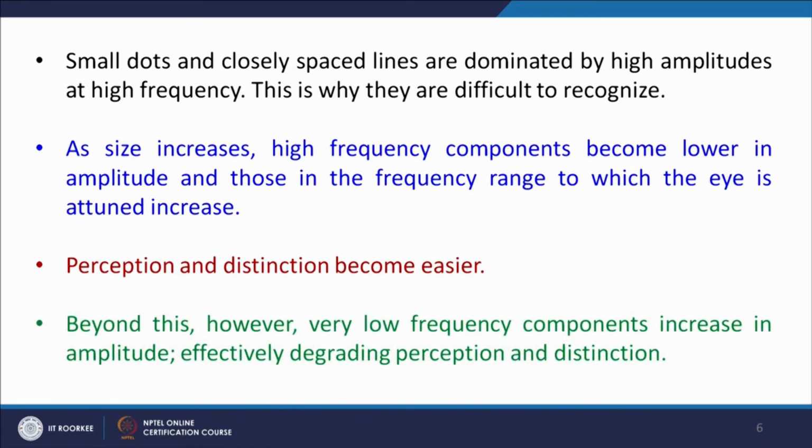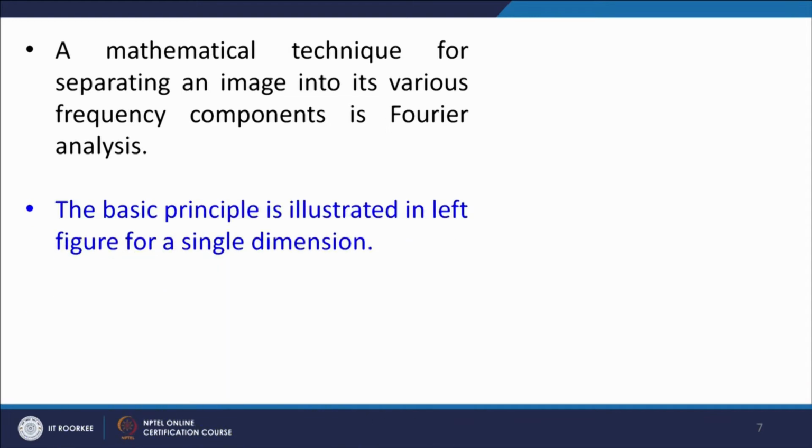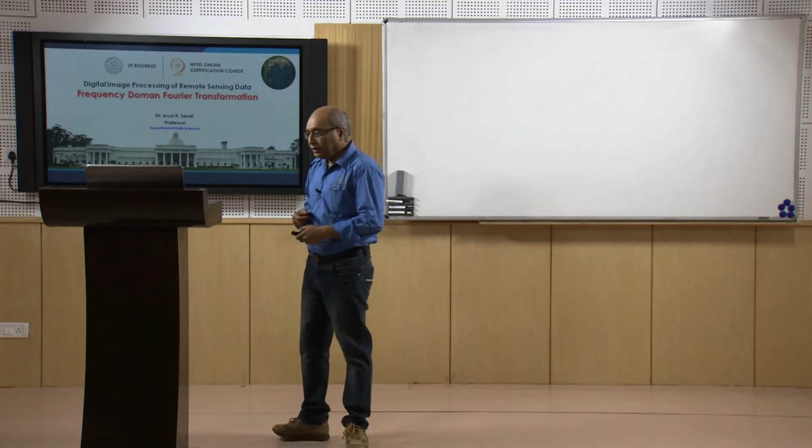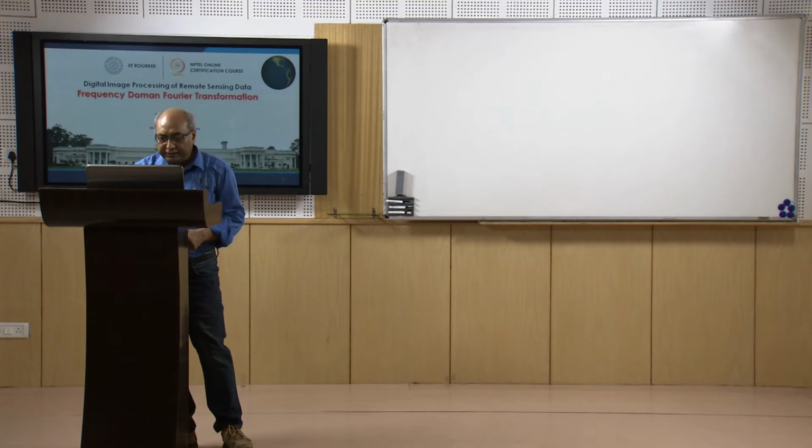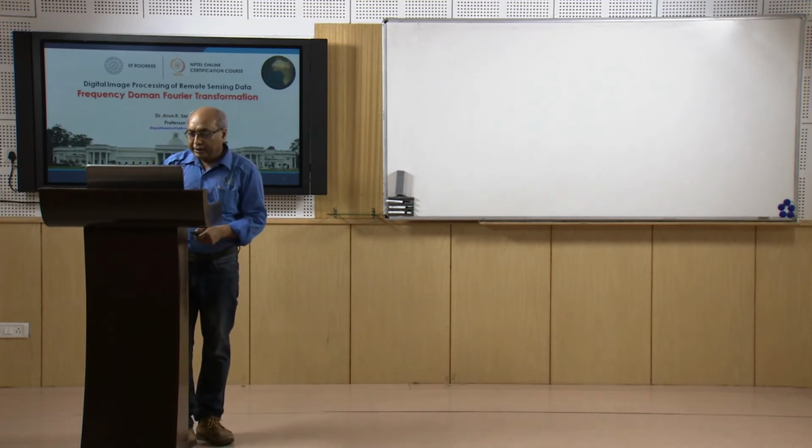Beyond this, however, very low frequency components increase in amplitude, effectively degrading perception and distinction. Mathematically, the technique for separating an image into various frequency components is the Fourier analysis, and the basic principle is illustrated in this figure, as we have also seen.